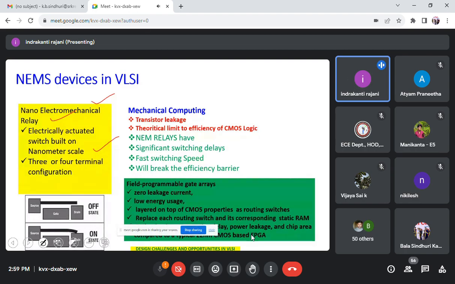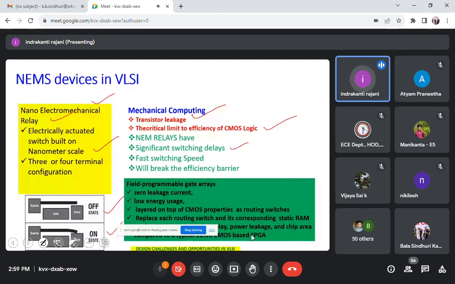When we are using a large number of transistors at a microscopic level or in MEMS devices, there is leakage of current, and the efficiency is also limited. You cannot go beyond that efficiency. But by using these nano electromechanical relays, the on and off states can be maintained very easily, you have control over the on and off state, the transistor leakage is controlled, and the efficiency can be increased very well.